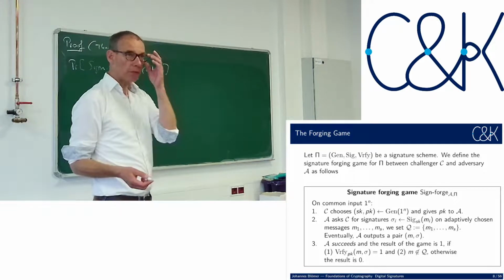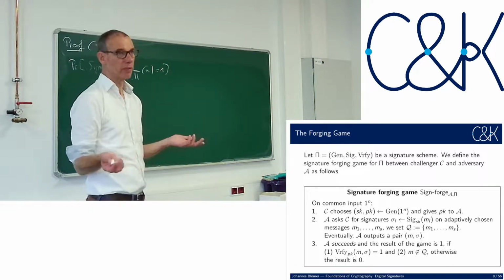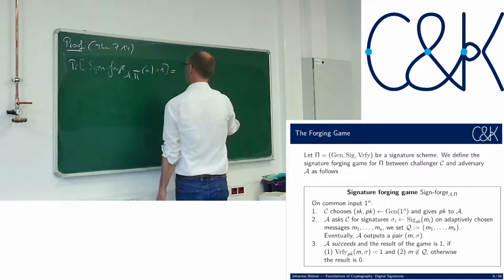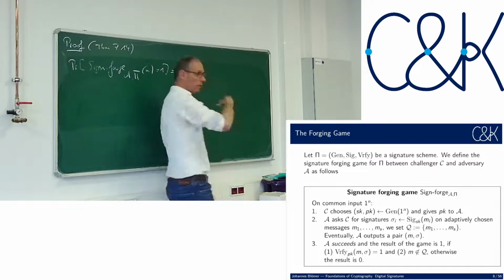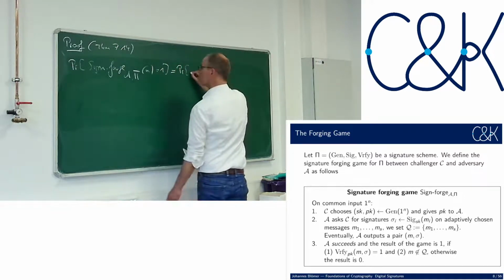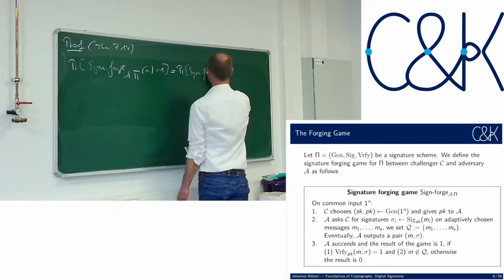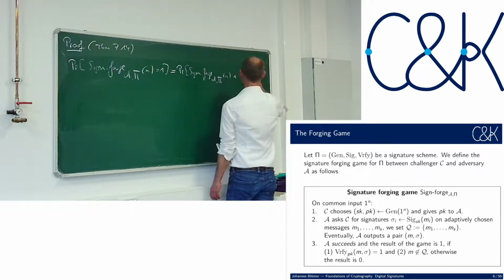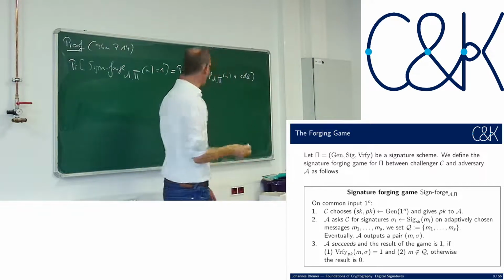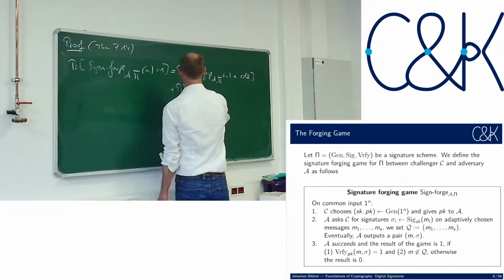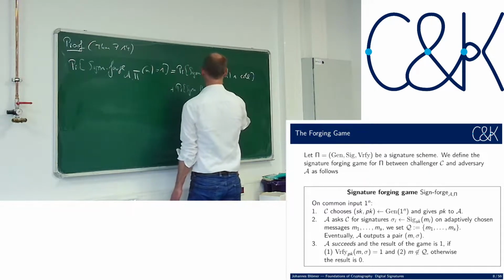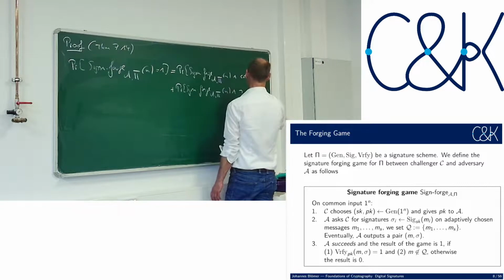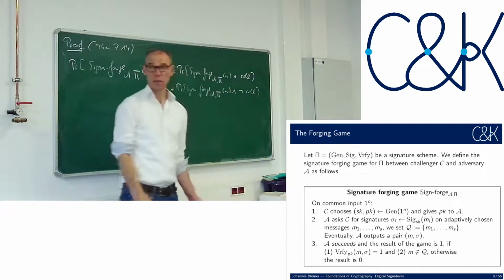And as often we partition this thing into sub-events, disjoint sub-events that together cover everything. And the way we partition it is based on this event collision. So this is the probability of sign forge A, pi of n, and the event collision happens, plus the probability of sign forge A, pi of n, and not collision. Yeah.